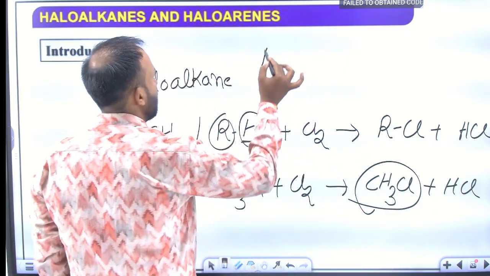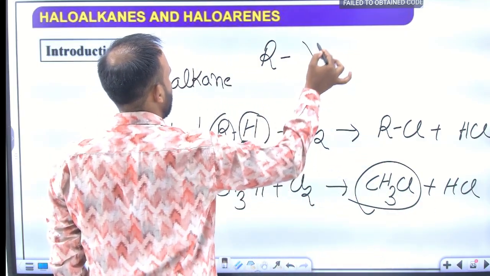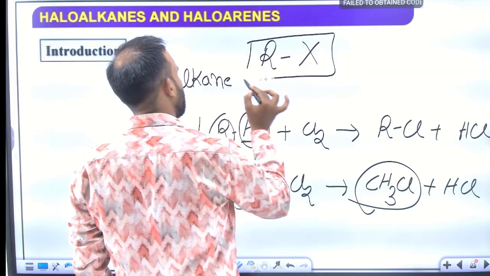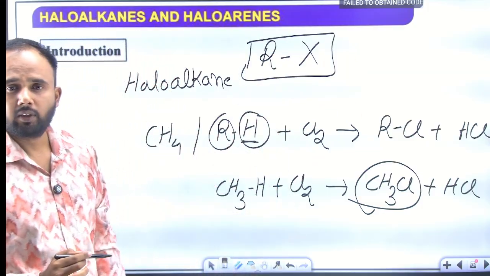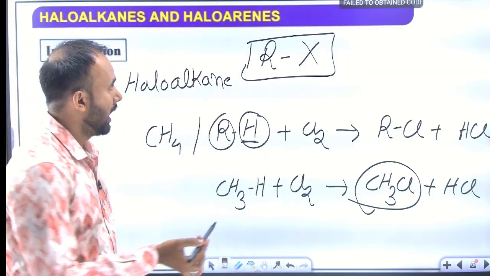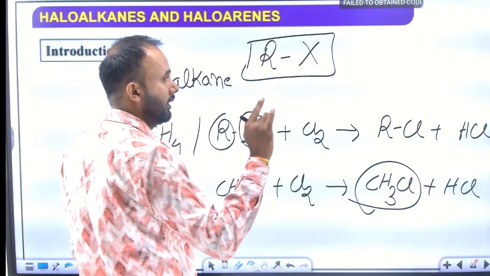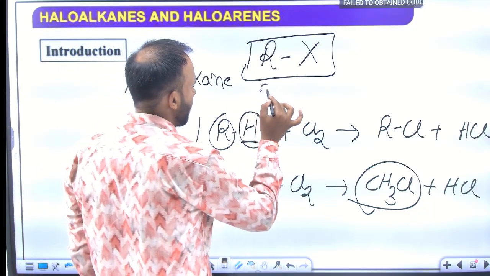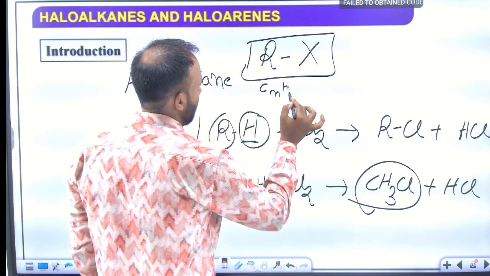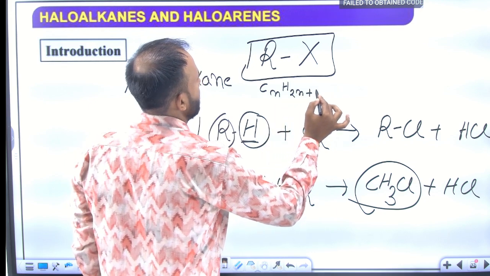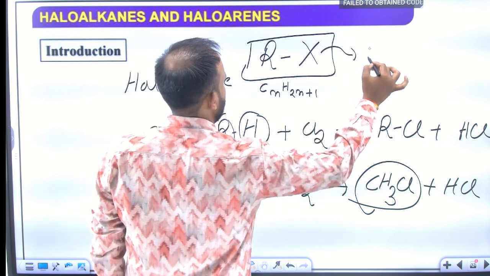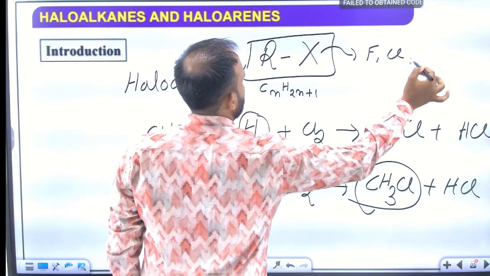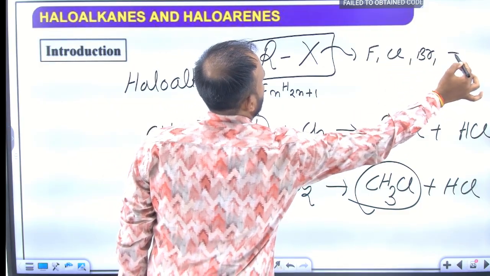So what generalization can we make? RX. What general formula can we create? R you know very well: if we remove one hydrogen from the alkane, the general formula is CnH2n+1, and X here may be fluorine, chlorine, bromine, iodine.